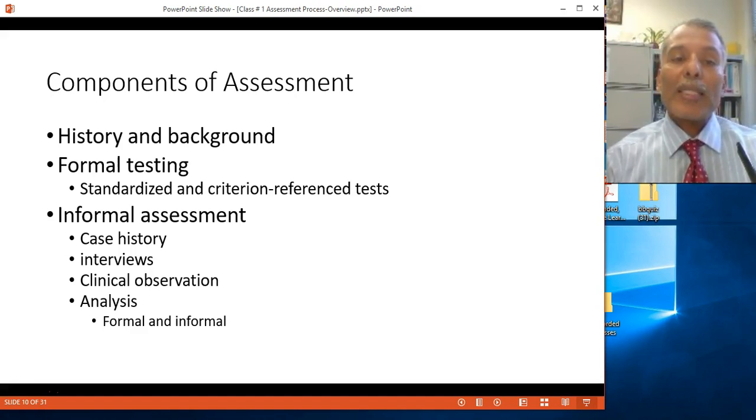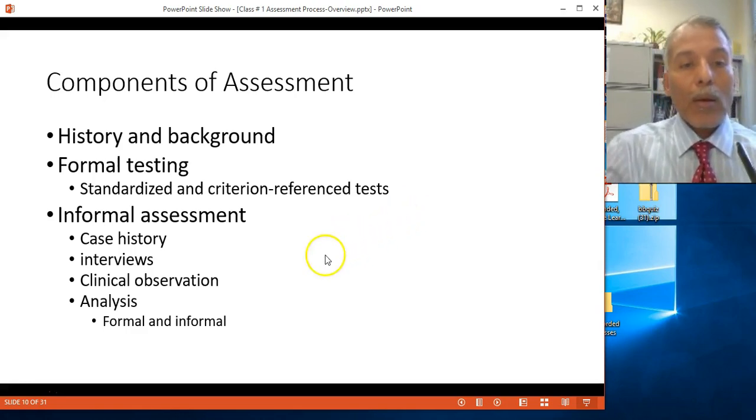Part of the informal assessment is clinical observation. And also, you analyze your scores, you score the performance, and you analyze the data that you collect.